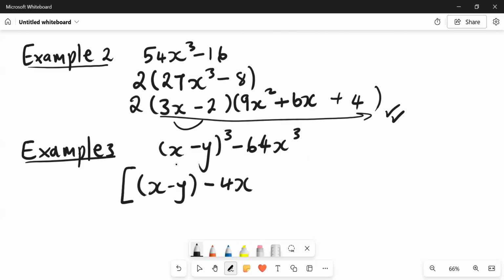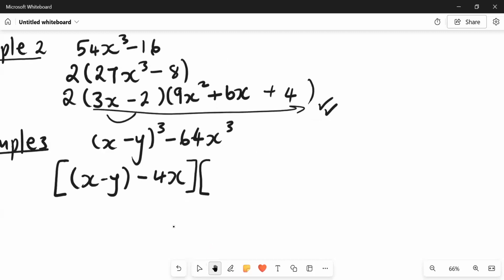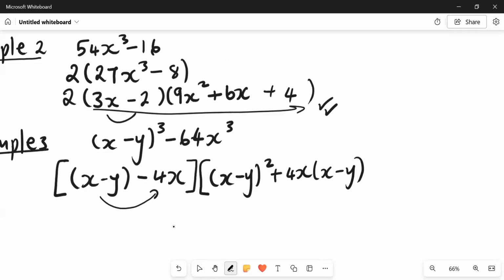Now, we have to square the first term. That will give us x minus y all squared. And then we multiply these and change the sign. That will give us positive 4x multiplied by x minus y. Now square the last term.